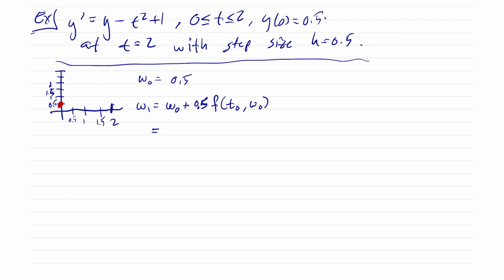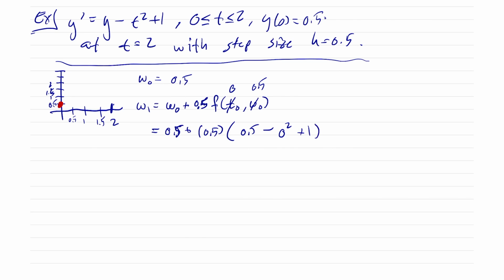So then what we end up getting is 0.5 plus 0.5 again times f of t naught, but t naught is just 0, and we know that w naught is 0.5, so we can go ahead and plug these in. This is the equation that we're plugging it into, so we're going to have 0.5 minus 0 squared plus 1.